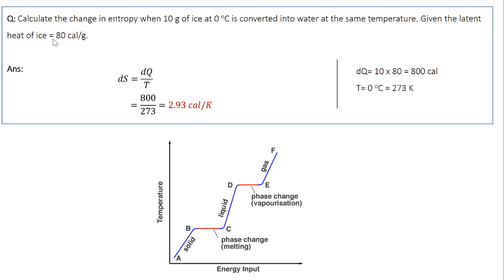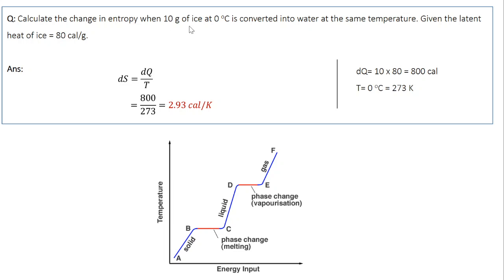So we are given latent heat of ice equal to 80 calorie per gram, which means 1 gram of ice absorbs 80 calories of heat energy to get converted into water at the same temperature. Okay, so 1 gram absorbs 80 calories.